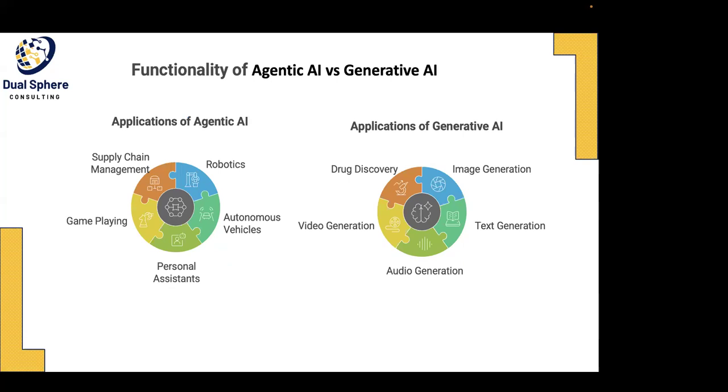Okay, now what is the functionality or applications of agentic AI versus Gen AI? So Gen AI is used for image generation, text generation, audio and video generation, and drug discovery. I was at a Google roundtable in one of the conferences, I think 2 months back, where they were showing an advertisement generated entirely by AI.